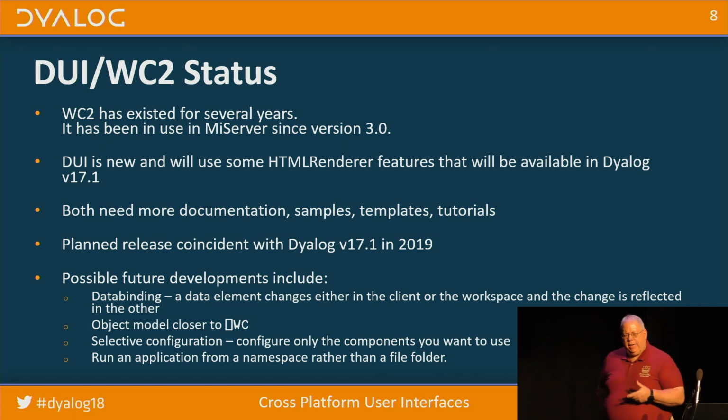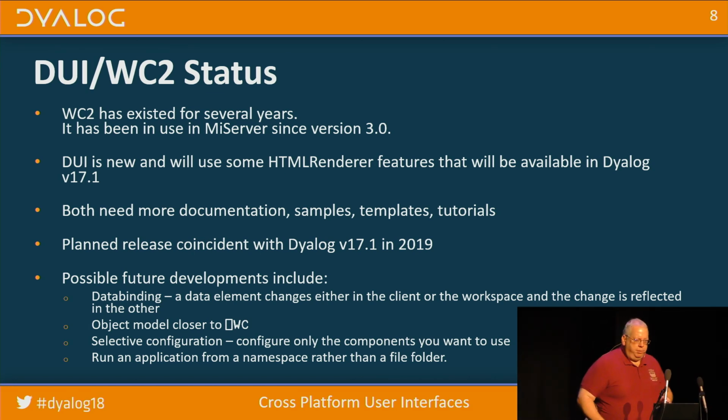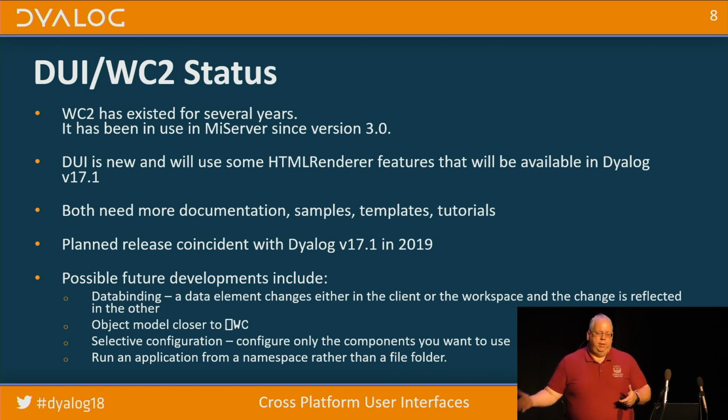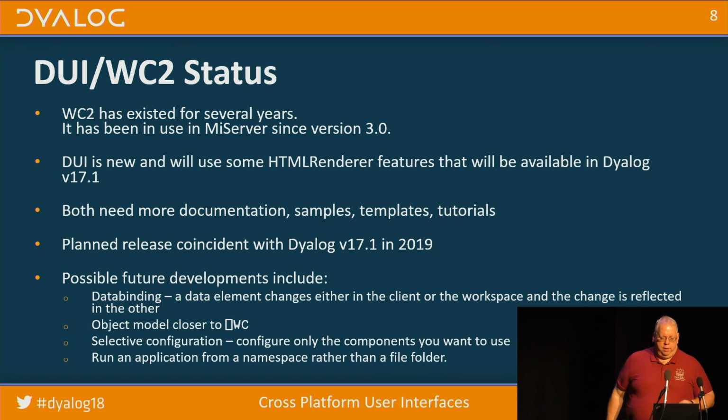We want to have selective configuration because right now if you load all of GUI, you get about 160 megabytes of stuff, which includes all of the Syncfusion JavaScript controls and data tables and some other third-party JavaScript libraries. And if you're just running a simple application that doesn't need any of that, there's no reason that you should have to carry around 160 megabytes of extra stuff. So we want to allow you to configure packages that you can deploy that only have the pieces that you need.